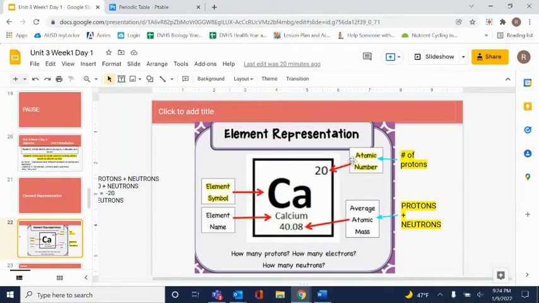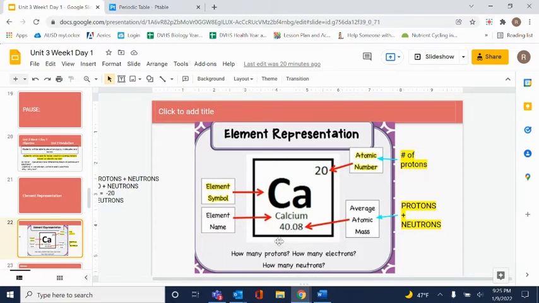Second, you're always going to find the atomic number at the top. It could be at the top right, the top left, or anywhere up at the top, but it's the largest top number. Remember, the atomic number also represents the number of protons. Next, we have the element name, which you can always find right underneath the element symbol, and right below that is the average atomic mass.